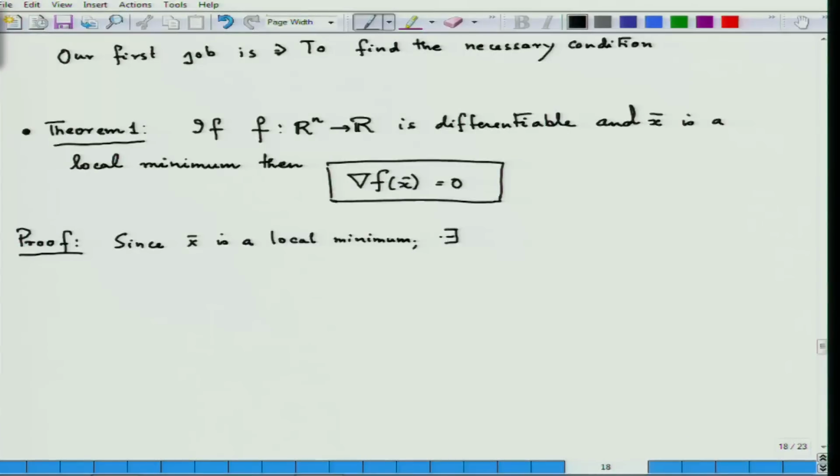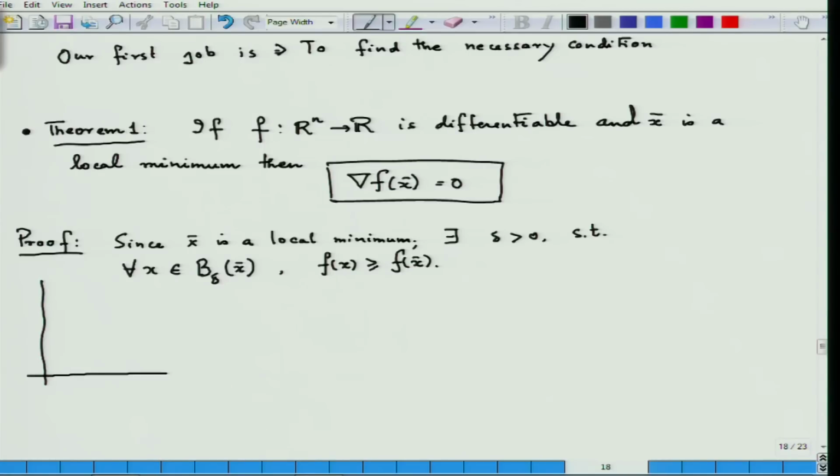There exists delta greater than 0 such that for all x in the delta neighborhood of x bar, the ball around x bar, f(x) must be bigger than or equal to f(x bar). Now, I will try to draw the picture of this scenario in R^2, which will make the proof much clearer. So, here is my x bar and here is the ball. So, here is my vector x bar.